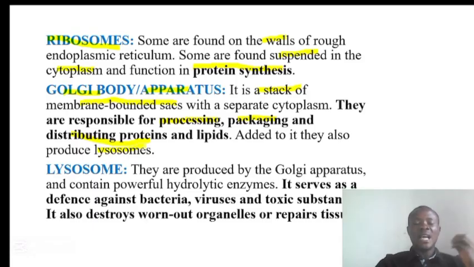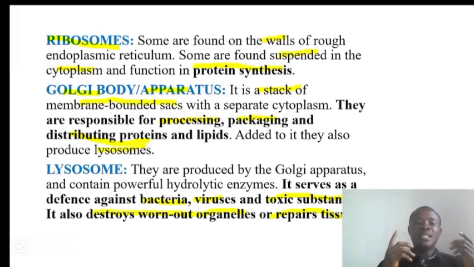These lysosomes are just like our white blood cells. They help in defense against bacteria, viruses, and toxic substances. In fact, these lysosomes help to destroy worn-out organs or repair tissues. For example, if a part of a plant has become diseased, they try to defend it and they are unable to defend it.